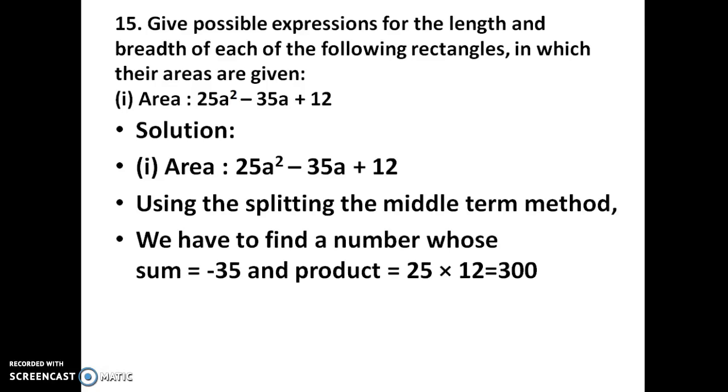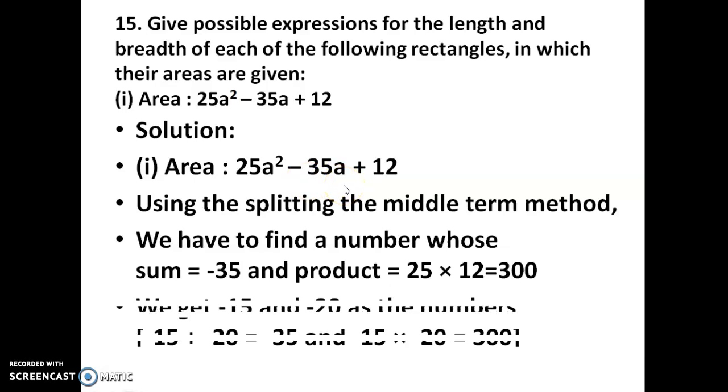So the first step is we have to find the numbers whose sum is minus 35, that is the middle term, and the product is 25 into 12. The numbers should give that product when multiplied, and when added we should get minus 35.